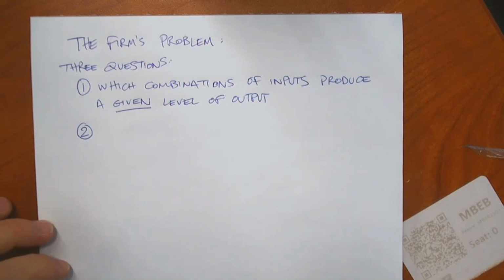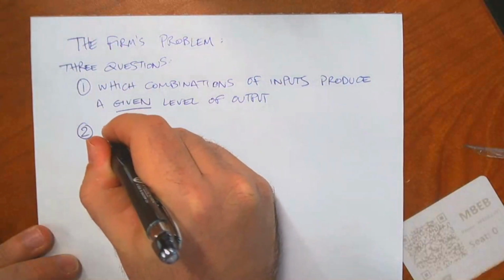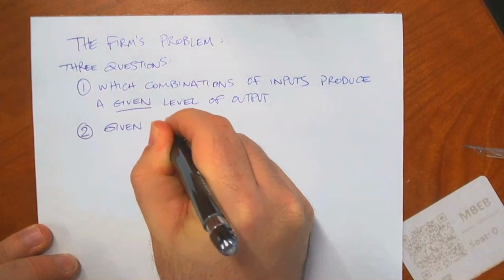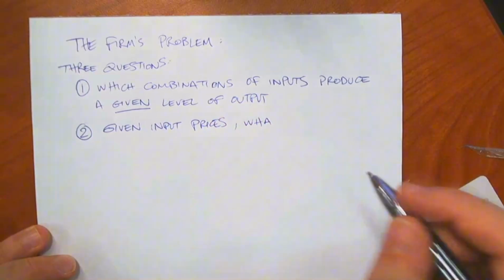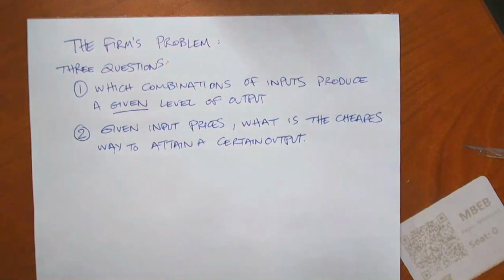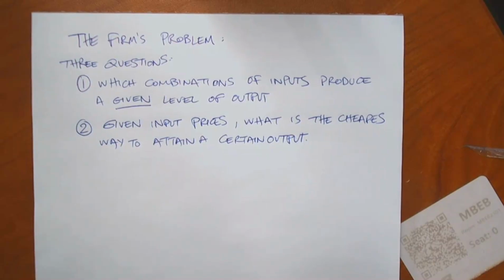The second question brings in prices, and I'm going to say that given now input prices, what is the cheapest way to attain a certain output? So this brings in the economic reality, right? In the same way that in consumer theory, you were thinking about, oh, you have preferences over a variety of goods and quantities of goods that you could be consuming, right?